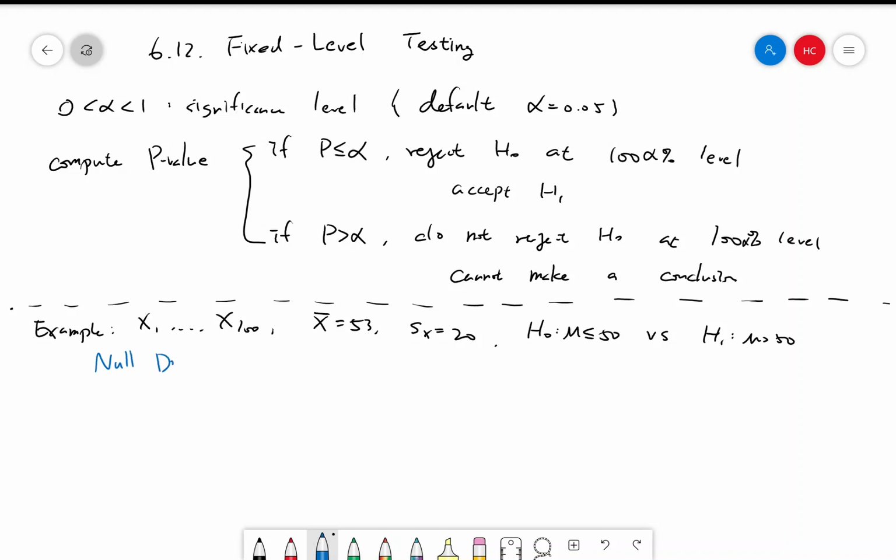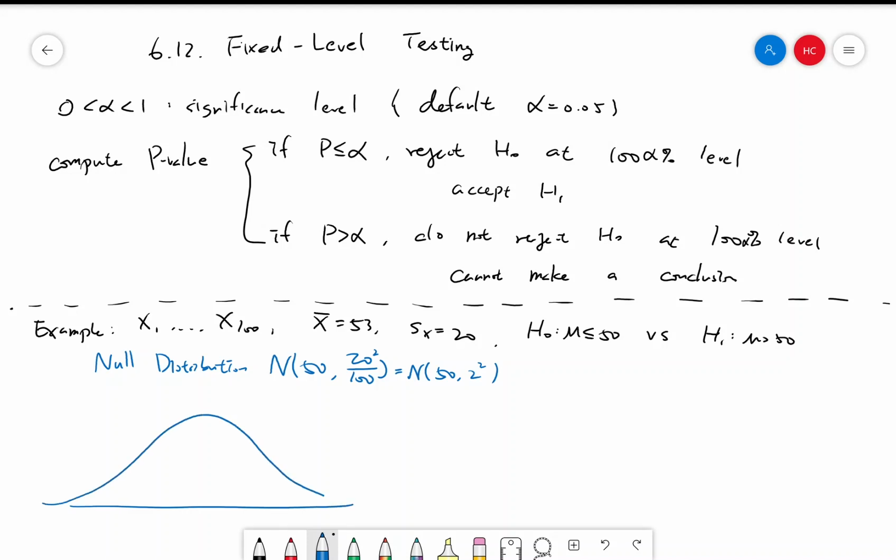So the null distribution has mean 50 and variance being the original variance divided by the sample size. So the variance is 4, which tells us standard deviation is 2. So mean is 50. Our x bar is 53.